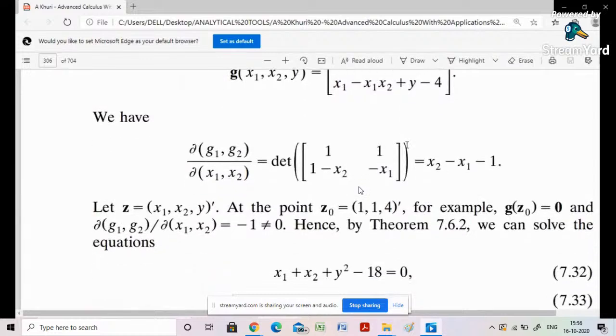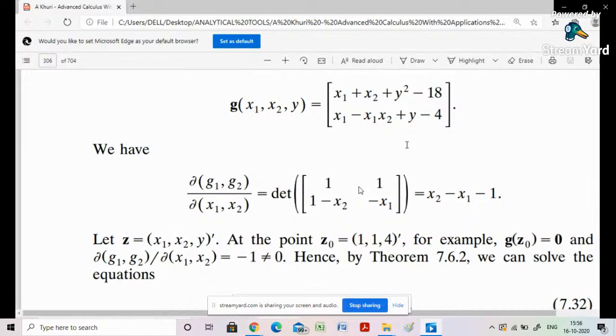So we have ∂(g1, g2)/∂(x1, x2), which is exactly the determinant of ∂g1/∂x1, which is just 1. Next is ∂g1/∂x2, which is again 1. Second row, ∂g2/∂x1, which is 1 minus x2. Okay, you can find that, and when we compute the determinant, you can see that it is nothing but x2 minus x1 minus 1.